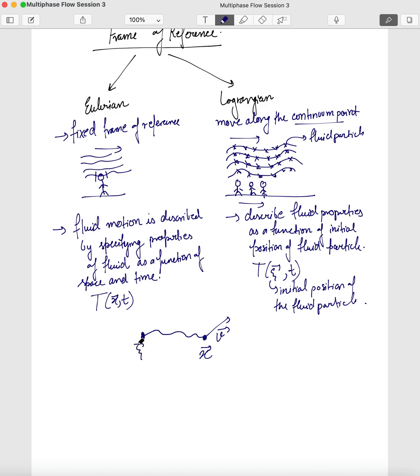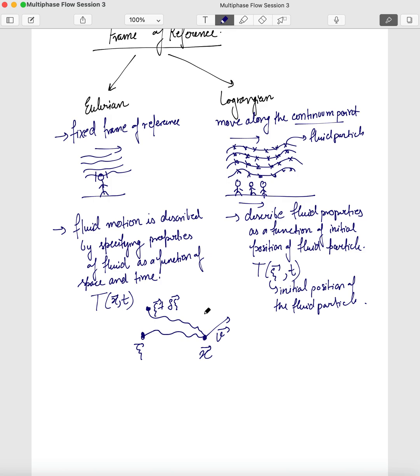Now let's say instead of here, you are at this position, zeta plus some delta zeta. Okay, and then this particle is following this. So you are tracking this fluid particle, and then you are reaching here, and the velocity of this particle is fixed.